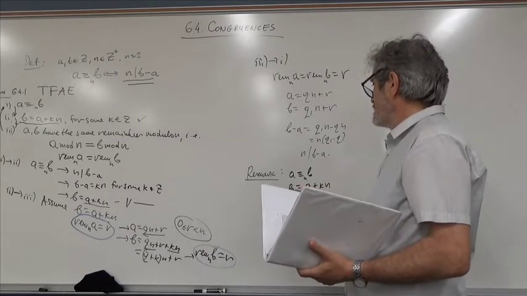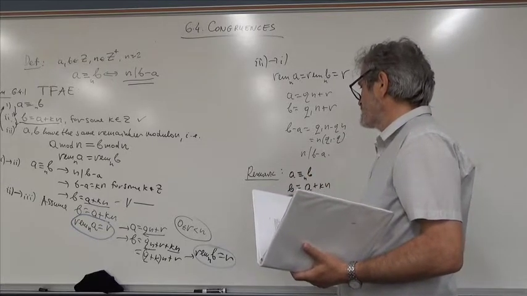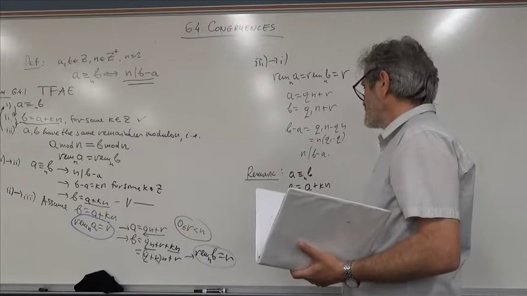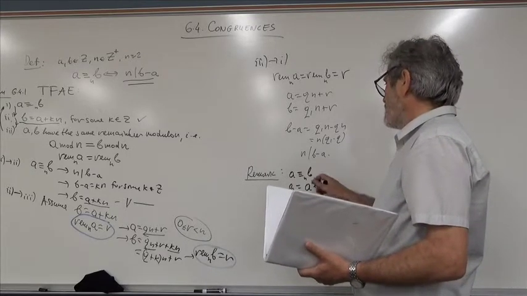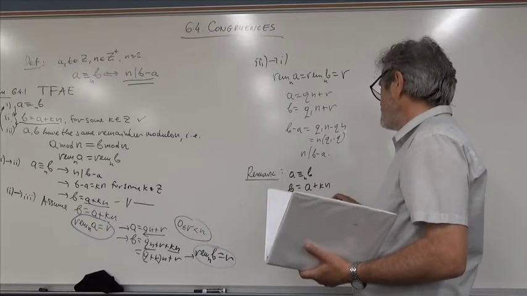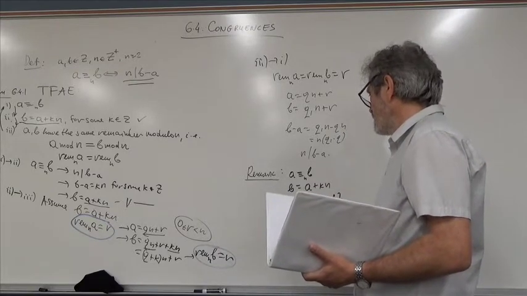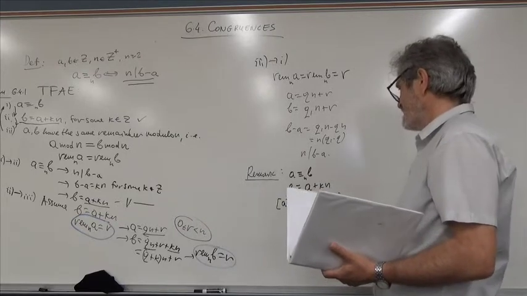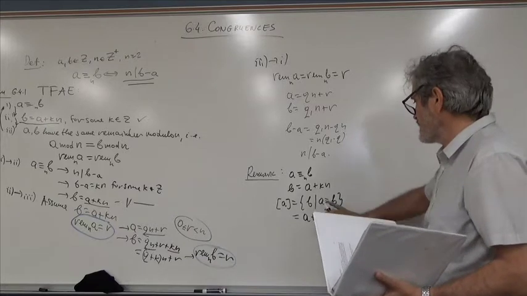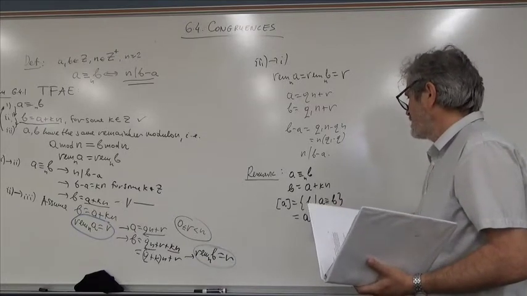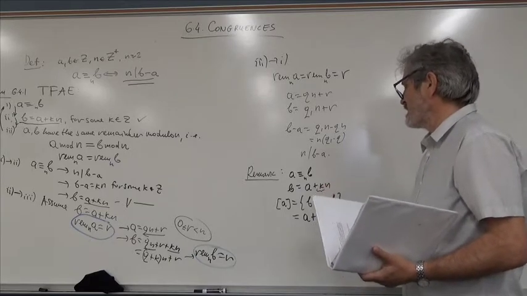That's why the class of A, which is the set of all B's such that A is congruent with B, very often we say that's A plus KZ. If it's modulo n, Z stands for nZ, with K an arbitrary integer.